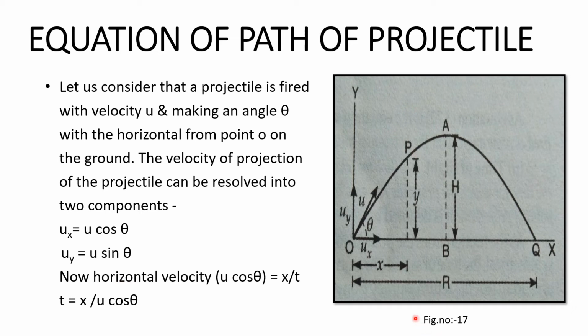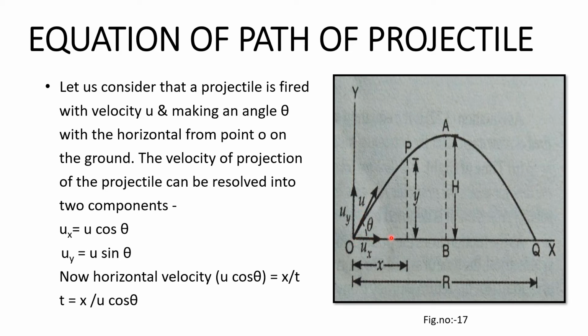See the figure. Suppose the object is at point O, meaning the initial position of the object is at O. Now when this object is thrown in the air with velocity u, the velocity u is divided into two components.